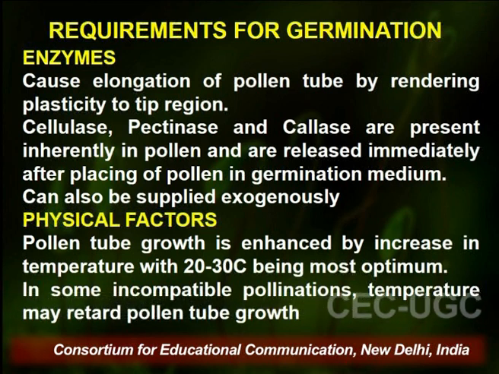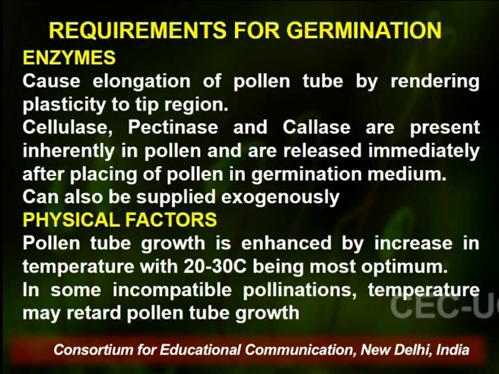So, if they are present in good amount, then probably they degrade the wall components and help in the germination of pollen grains. The pollen tube wall has the elasticity and can move further.